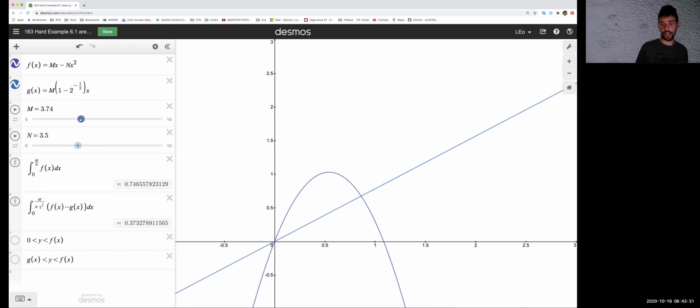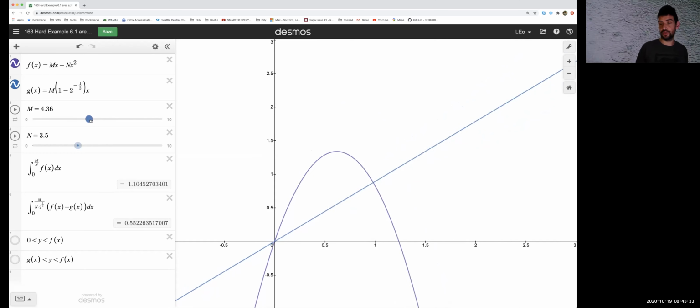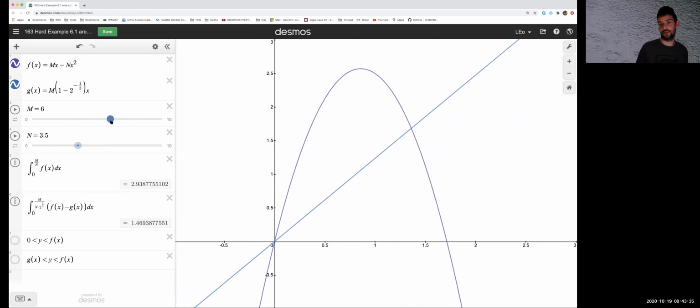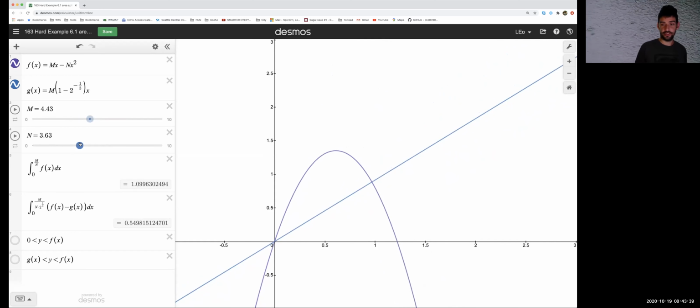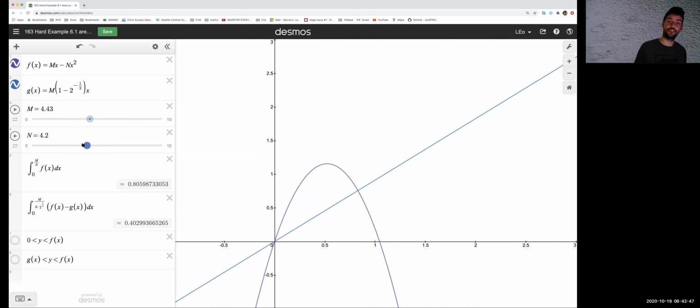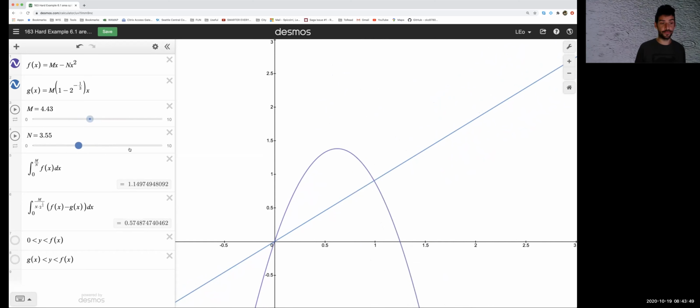Notice as I change m, I'm changing the other zero of this parabola and the slope of the line is changing. Notice as I change n, the parabola changes in a different way, so that line doesn't have to change to still be splitting the area.